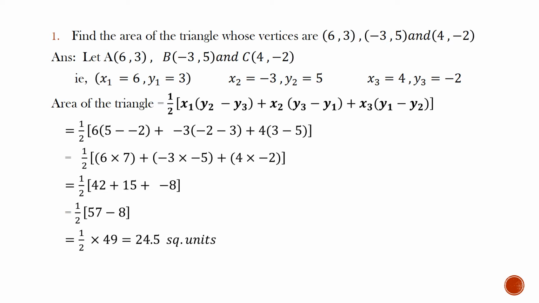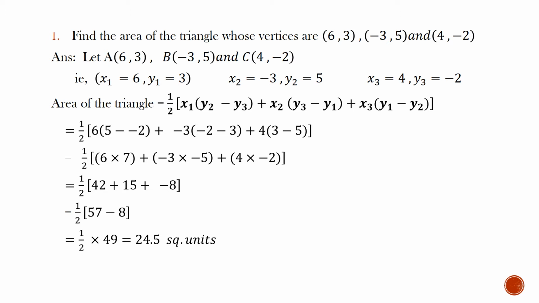Applying the formula, area of the triangle is equal to half into x1 into (y2 minus y3) plus x2 into (y3 minus y1) plus x3 into (y1 minus y2). We have half into [6 into (5 minus negative 2) plus negative 3 into (negative 2 minus 3) plus 4 into (3 minus 5)], which will be half into [6 into 7. 5 minus negative 2 is taken as 7.